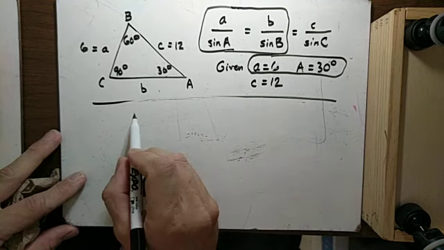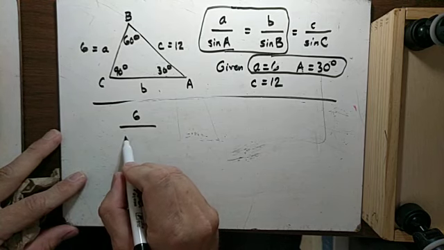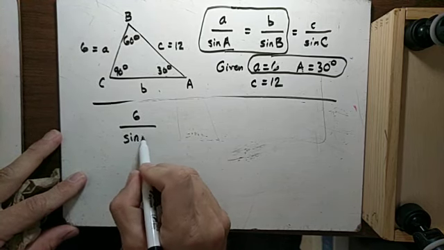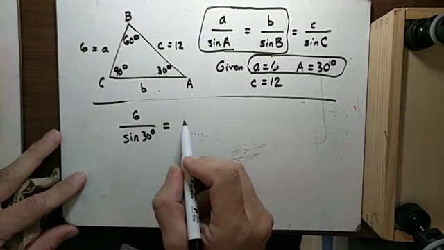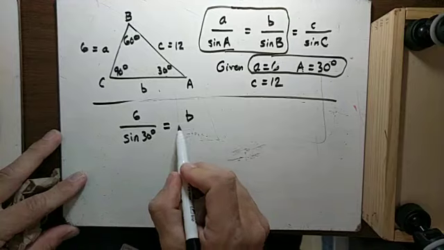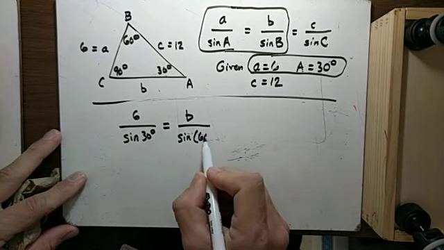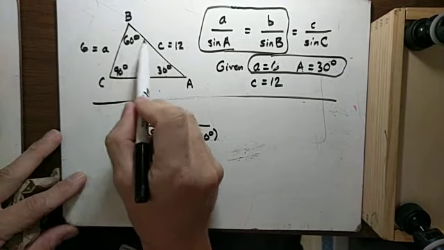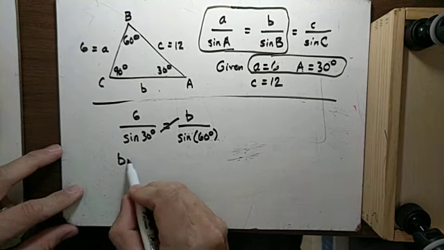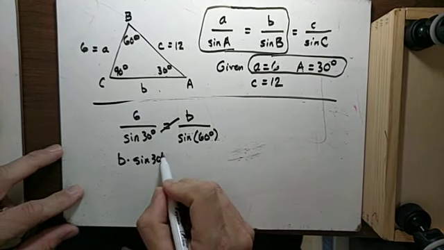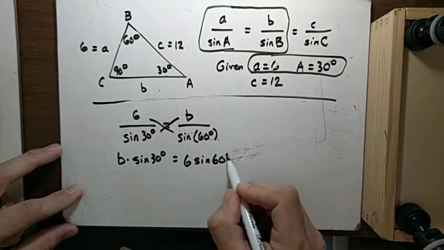I'll do this one to finish this solution since I didn't do it with the earlier problems. Sine of 30 degrees equals, now this time I don't know what B is, so I'm going to put B there, and the sine of 60 degrees because that's what I found by doing the subtraction. So I have B times the sine of 30 degrees equals 6 times the sine of 60 degrees.